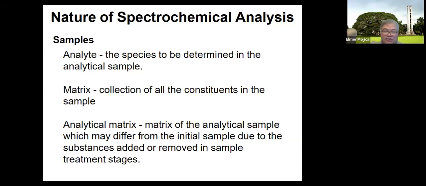Now, anything that surrounds your analyte is what? The matrix. So it's the collection of all the constituents in the sample. So if I ask you which matrix is more complicated, pure water or environmental water? So alin mas complicated na matrix or complex na matrix?